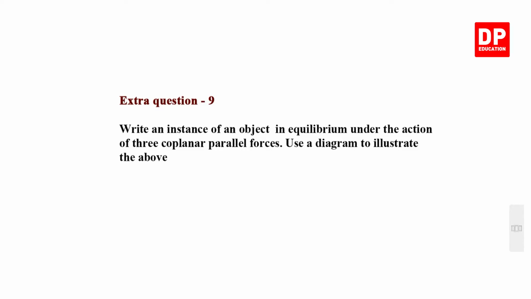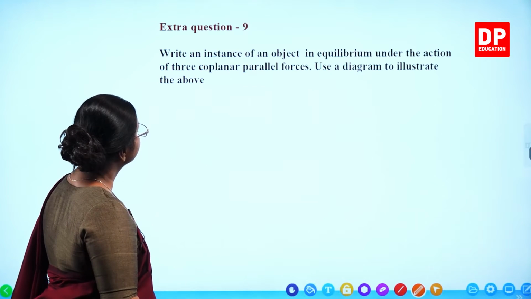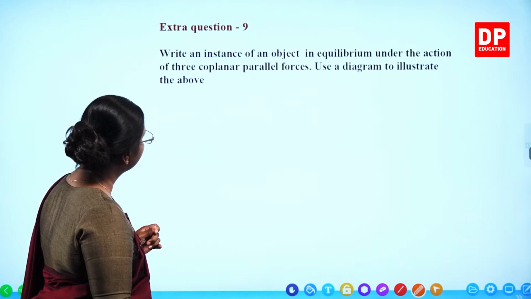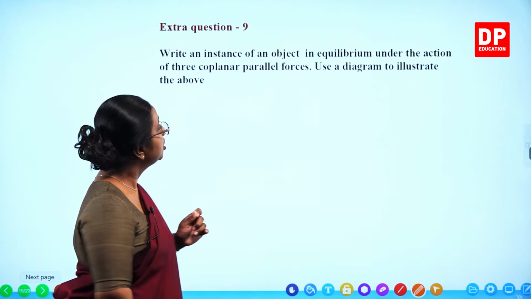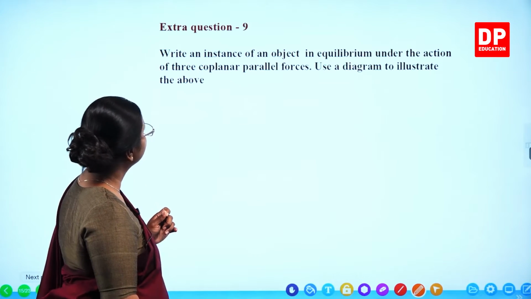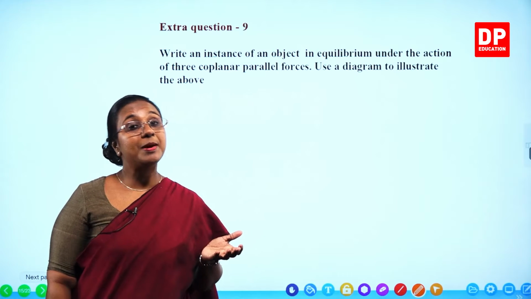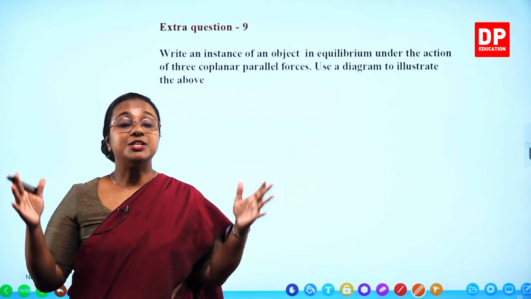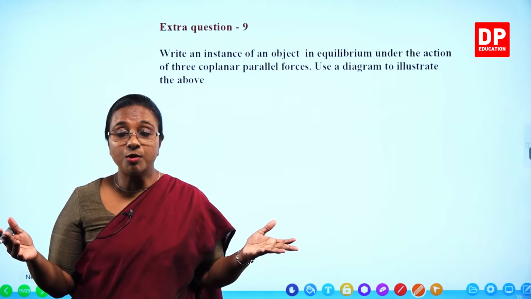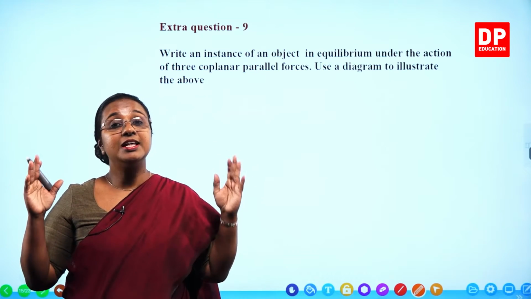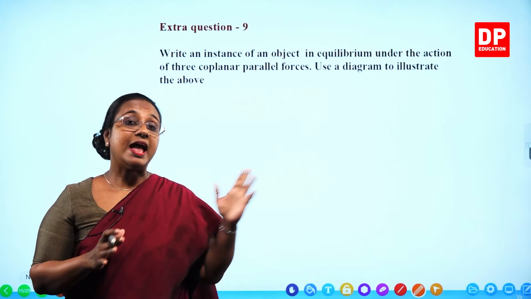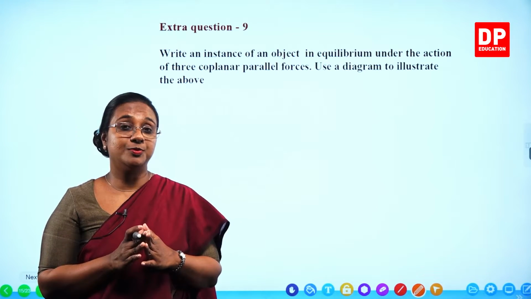Extra question 9. Write an instance of an object in equilibrium under the action of 3 coplanar parallel forces. Use a diagram to illustrate the above. 3 coplanar parallel forces, what are the instances you can think? A bunch of bananas or some heavy object hanging from a rod that is attached to a surface by 2 strings. An example that is given in your textbook.